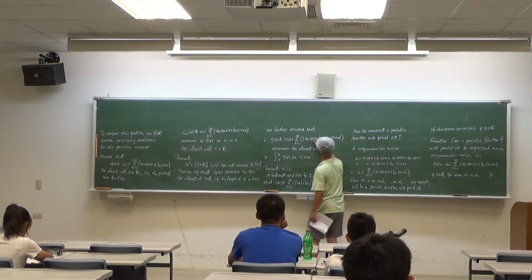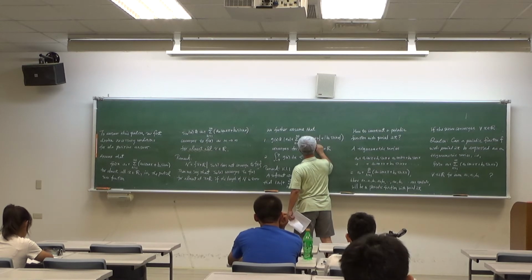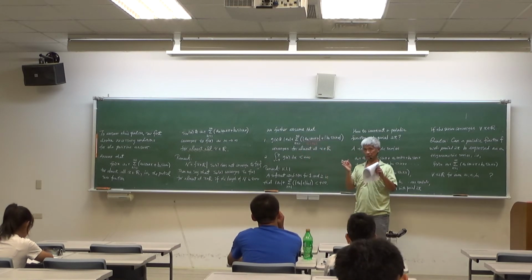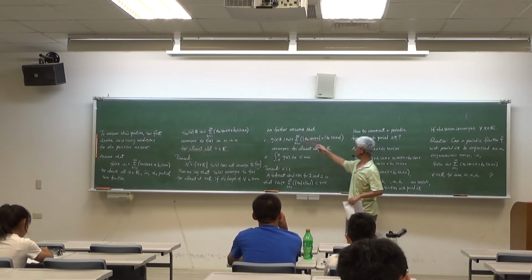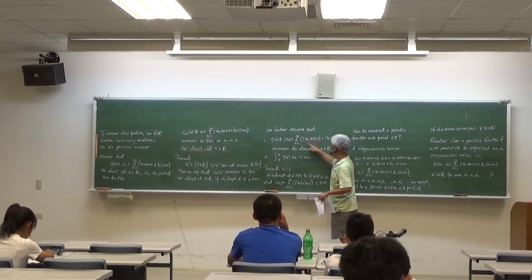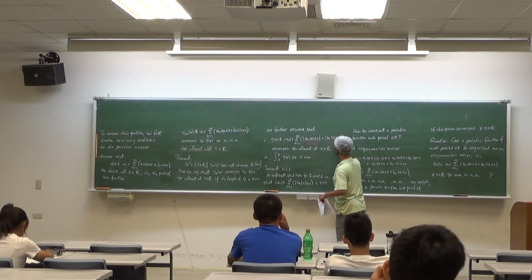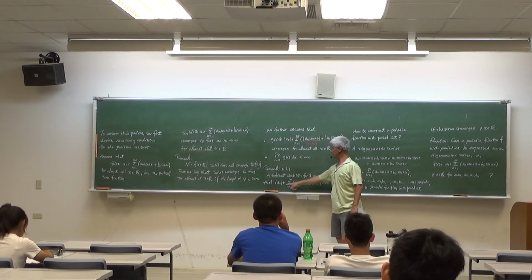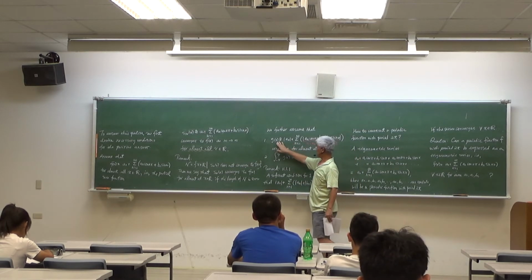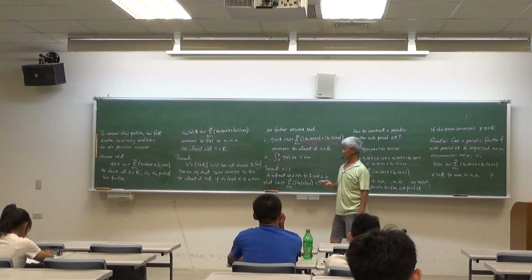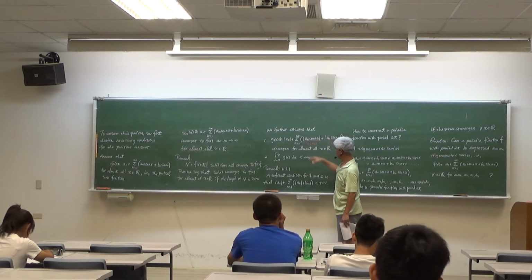Each term is less than or equal to an, because the absolute value of the cosine function is less than or equal to 1. The maximum value of the cosine function is 1. So this term is less than or equal to an, and this term is less than or equal to an. So if this series converges, then of course g of x is finite for every x, and has an upper bound.